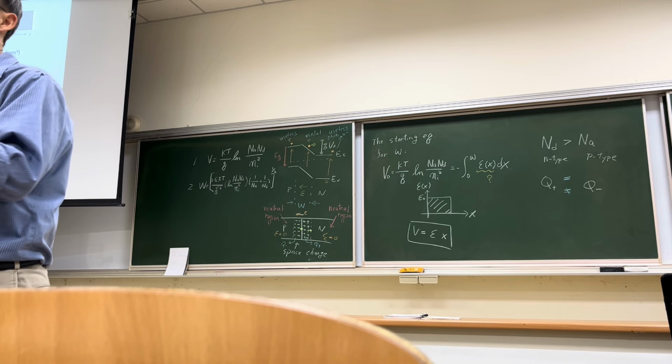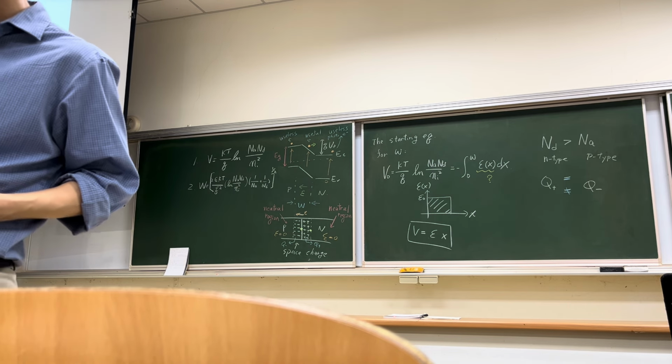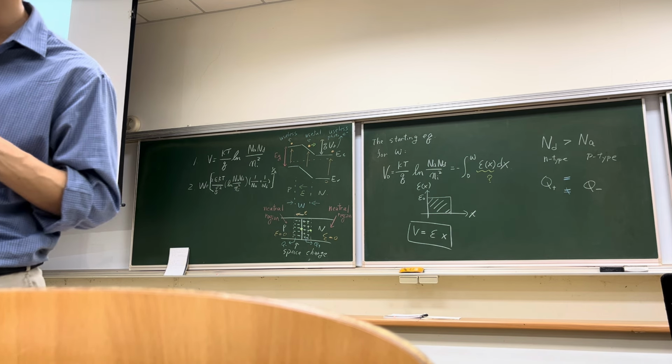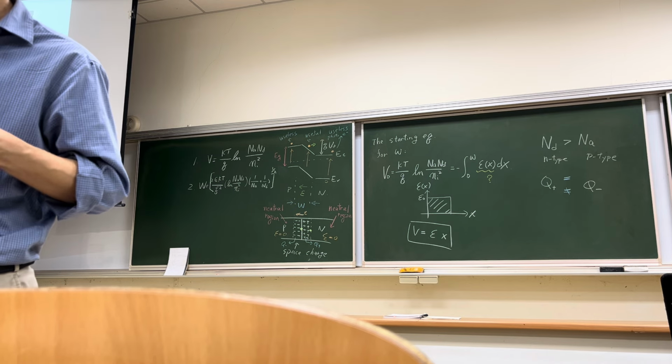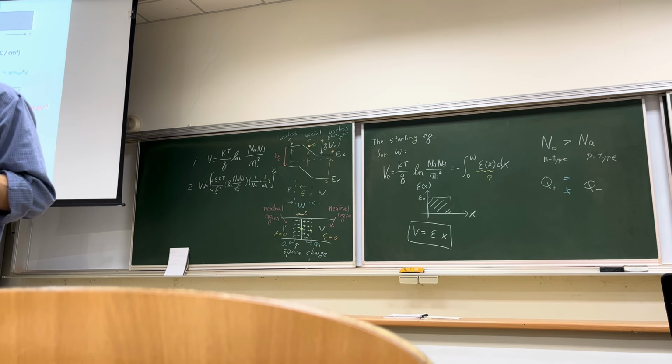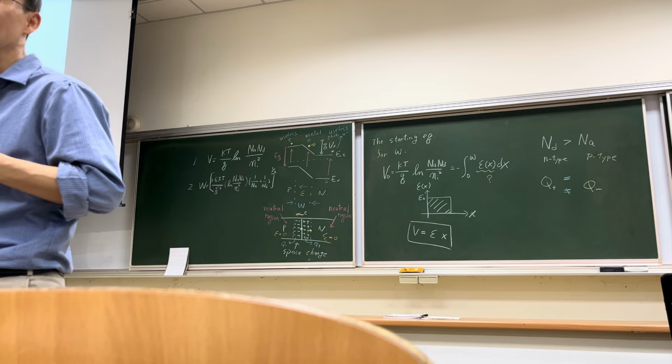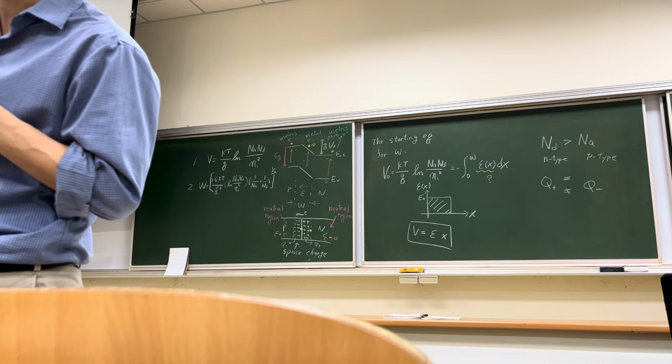Two weeks ago we covered this. Why does the electron disappear? What do they do? Where do they go? They recombine. With whom? With holes. Yes. The electrons disappear because they recombine with holes, right?